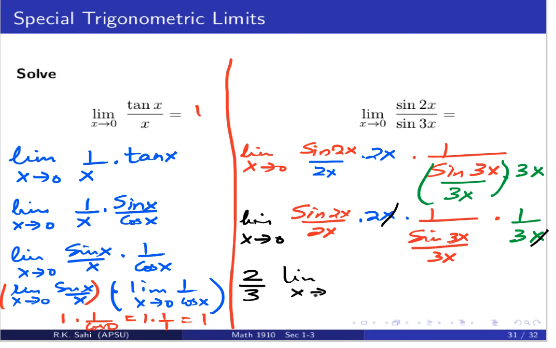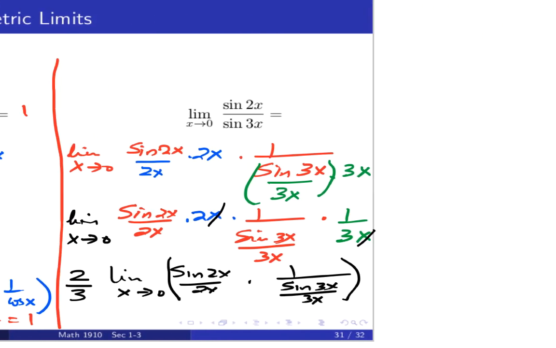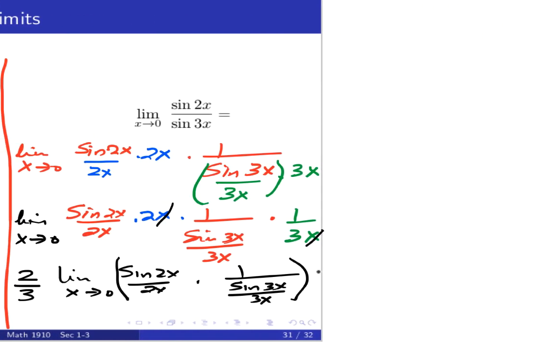What are we left with? Limit x approaches 0, sine 2x over 2x times 1 over sine 3x over 3x. Now remember, this is a product of two functions. So this is equal to 2/3. A product of two functions is the limit of them separately.